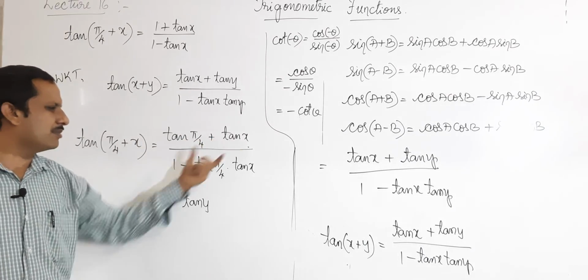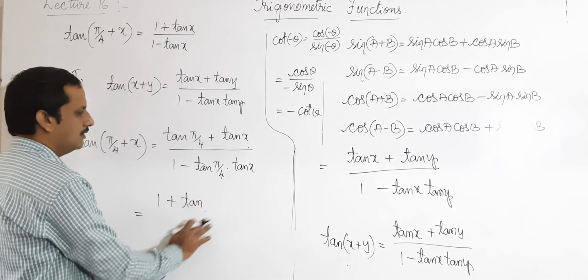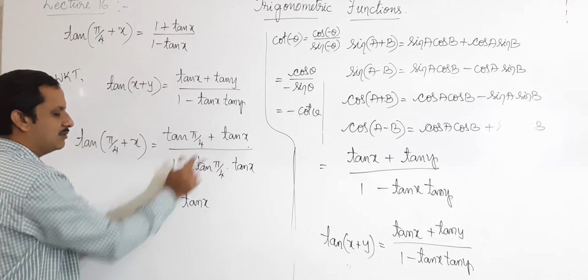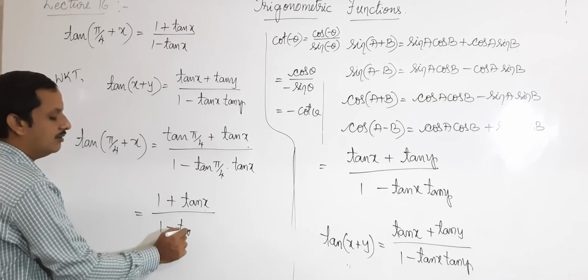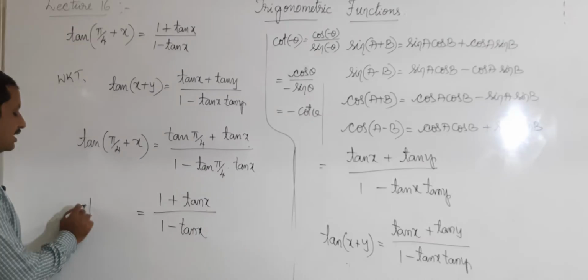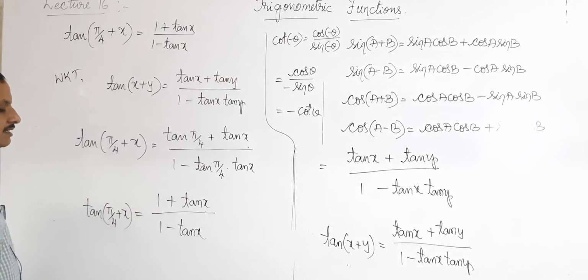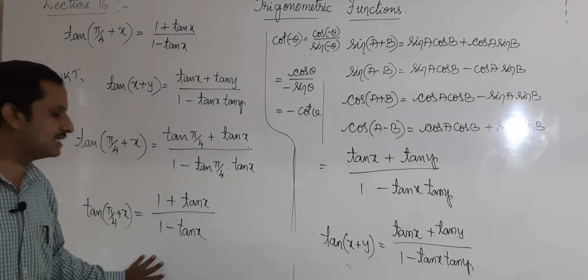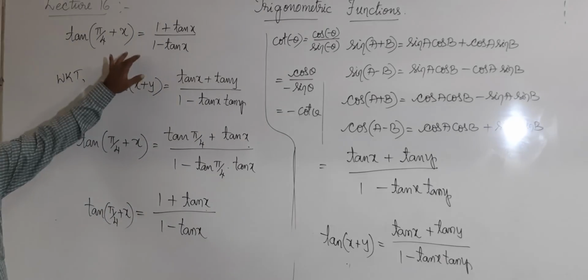So tan pi by 4 plus tan x divided by 1 minus tan pi by 4 into tan x. Tan pi by 4 is 1, tan x will remain as it is, divided by 1 minus 1 into tan x. So 1 plus tan x by 1 minus tan x. So we have tan of pi by 4 plus x is equal to 1 plus tan x by 1 minus tan x. Okay, this is the formula.